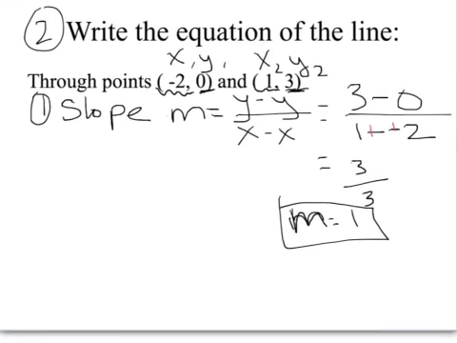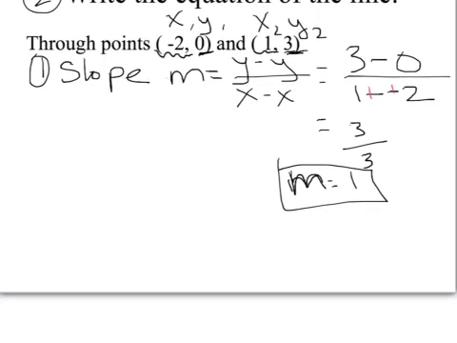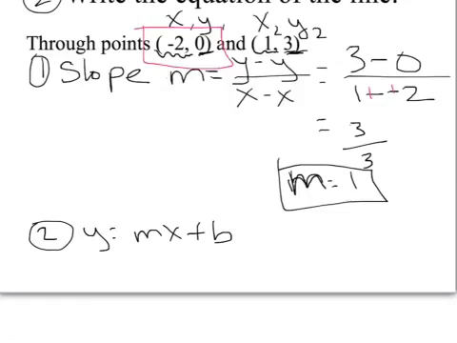Now I want to go and write the equation, plug it in, using y equals mx plus b. So I only need to use one of these points. I can use (-2, 0), or I can use (1, 3). It doesn't matter which point you use. I'm going to go ahead and use (-2, 0). So my y in this is a 0, my m is a 1, and my x is -2.